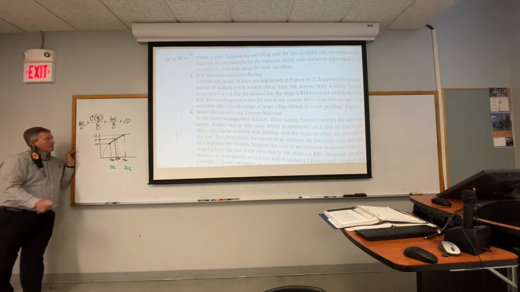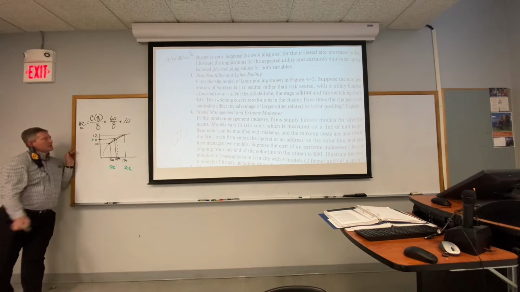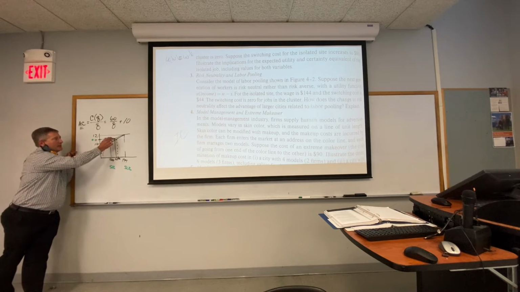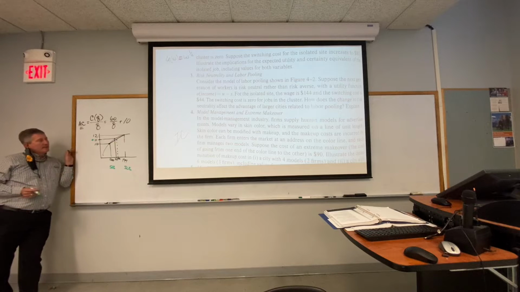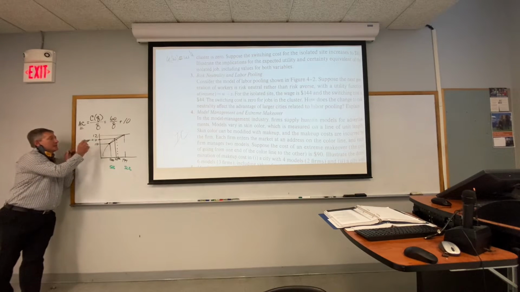Now, when we had consumers at 11 and the ability to do 122, what was our result for the wage of the pooled, of the agglomeration? 100. What would people be willing to take? 120. So let's back up.